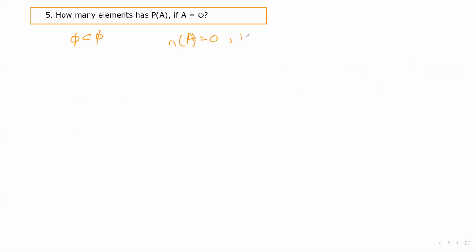By definition, we know that the power set of A has 2 to the power of the number of elements of A. So 2 to the power 0 in this case. If you have n elements, your power set of A will have 2 to the power n elements. Therefore, this is equal to 1.